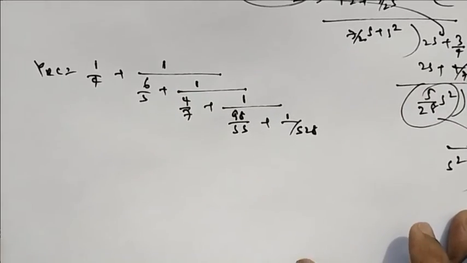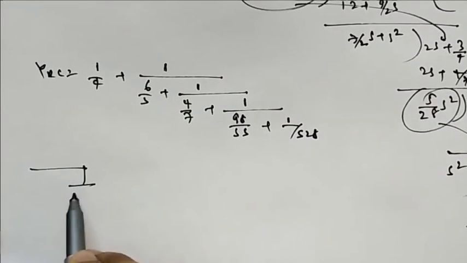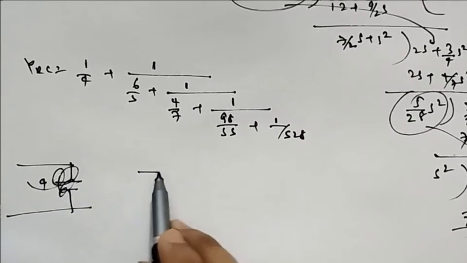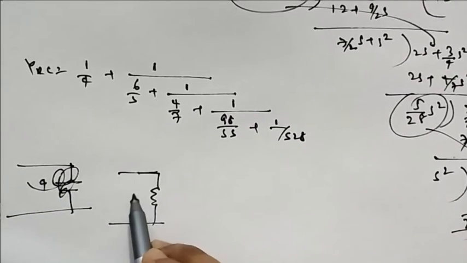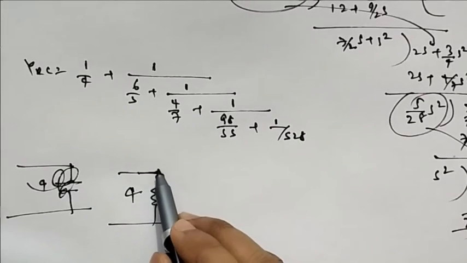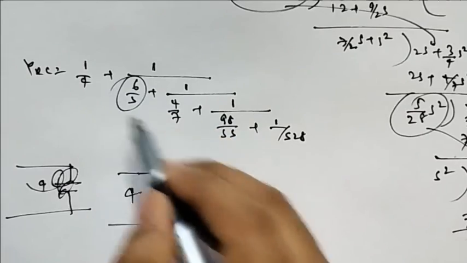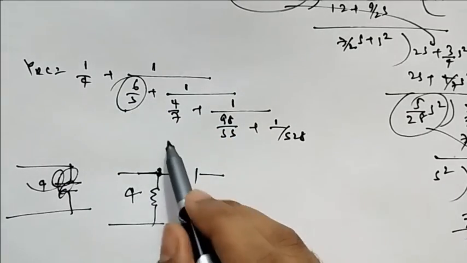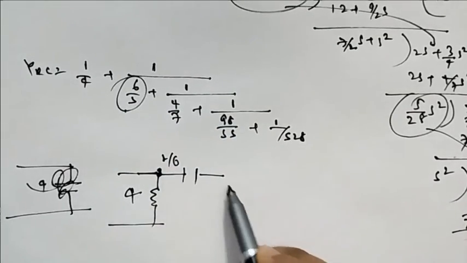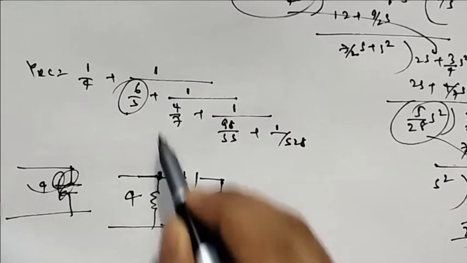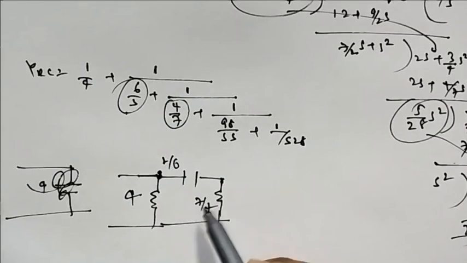Now let me draw the Cauer 2 form. The first term will be your resistance, and that will be 4 because admittance is 1/4, and the second term will be 1/6, this is capacitance, this is in admittance form, and then it will be followed by resistance, that will be 7/4.